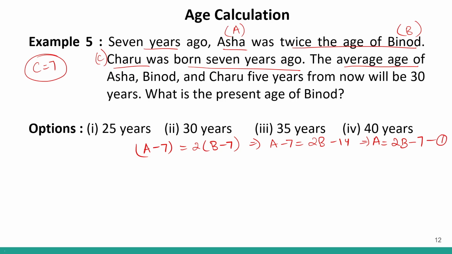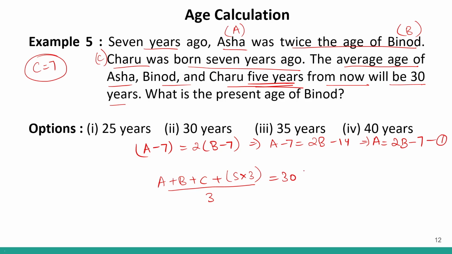Now, the average age of Asha, Binod and Charu 5 years from now will be 30 years. That means 5 will be added to each of their ages. So 5 into 3. And average means divide by the number of people. There are 3 people, Asha, Binod and Charu. So divide by 3 and it will be equal to 30 years. This is given in the question. So I can write it as A plus B plus C plus 15 equals 30 into 3, that is 90.